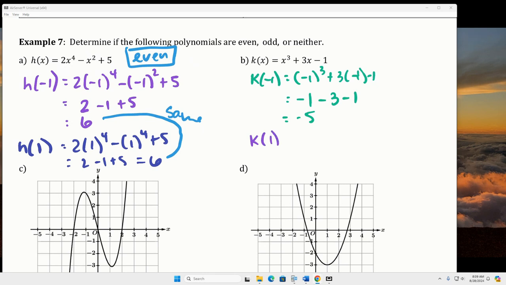All right, so if this was even, I would get negative 5. If this is odd, I would get positive 5. But I don't. I get 3. So in this case, it's going to be neither.